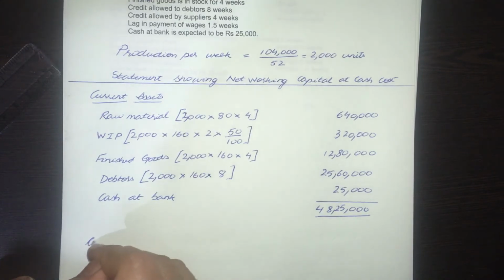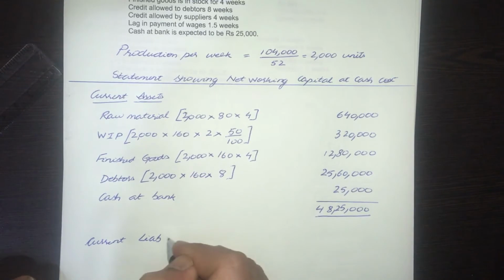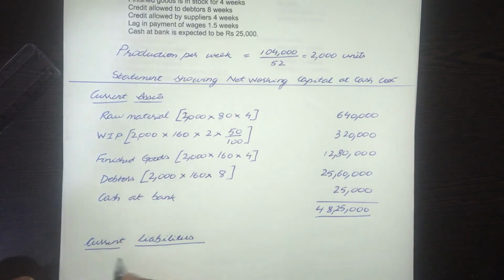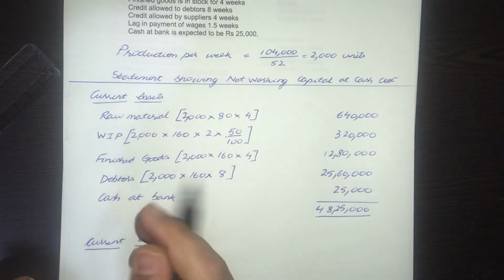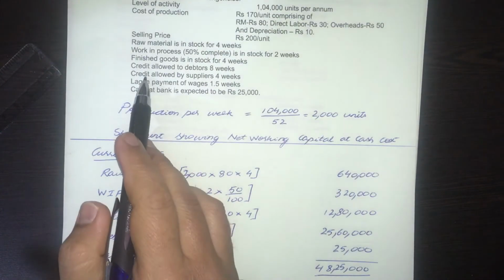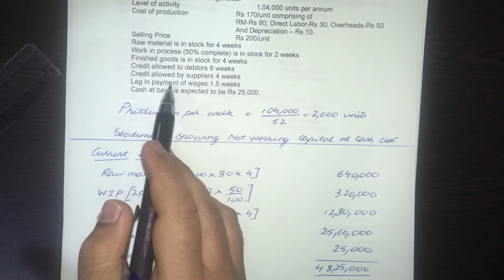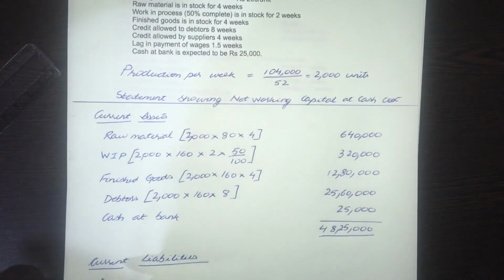Now find out current liabilities. What are the current liabilities here? You have two. Credit allowed by suppliers, so those are your creditors, and lag in payment of wages, outstanding wages.